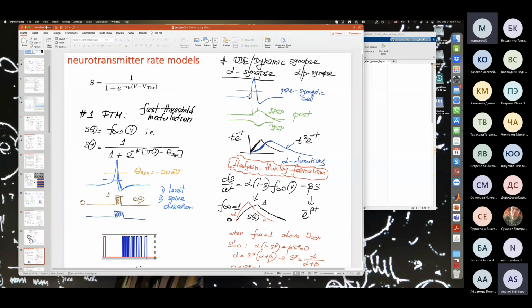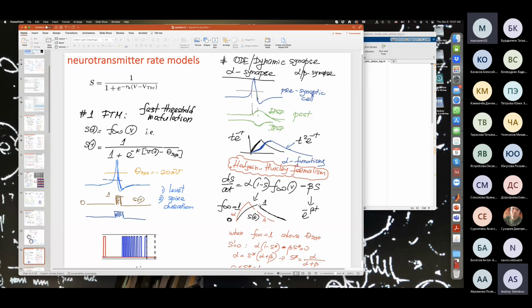As soon as you reach the threshold, there is a little delay, and then the neurotransmitter rate starts increasing, and then the spike goes down, and the neurotransmitter release rate decays back to 0. Again, it's inspired by the Hodgkin-Huxley formalism, and it's a simple differential equation that controls this alpha synapse.